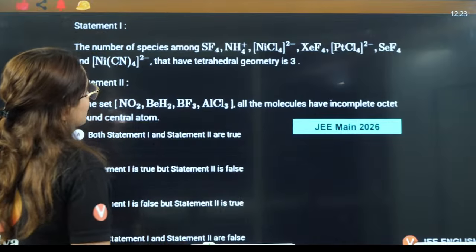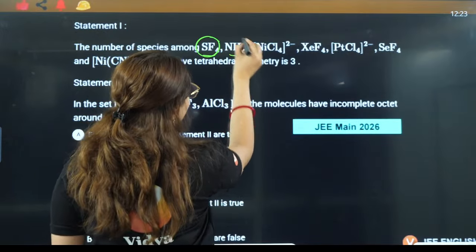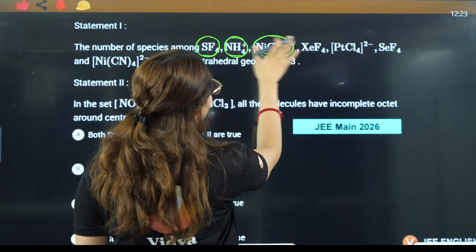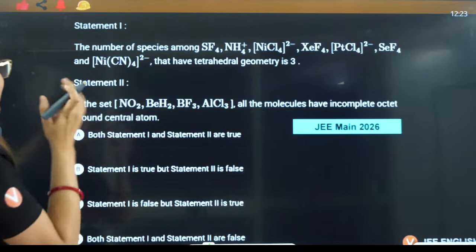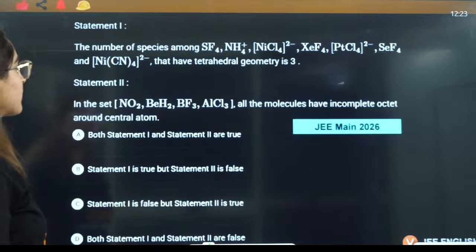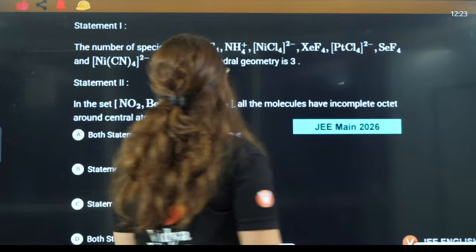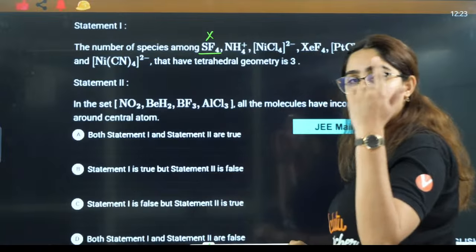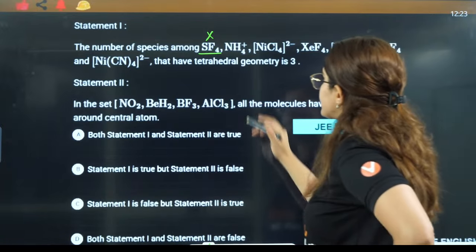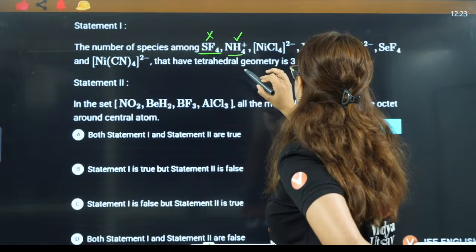The number of species among SF4, NH4 positive, NiCl4 that have tetrahedral geometry are 3. Okay. See, in this case SF4 had seesaw geometry, we discussed it in chemical bonding. This is not correct. NH4 positive has tetrahedral geometry, that is correct here.